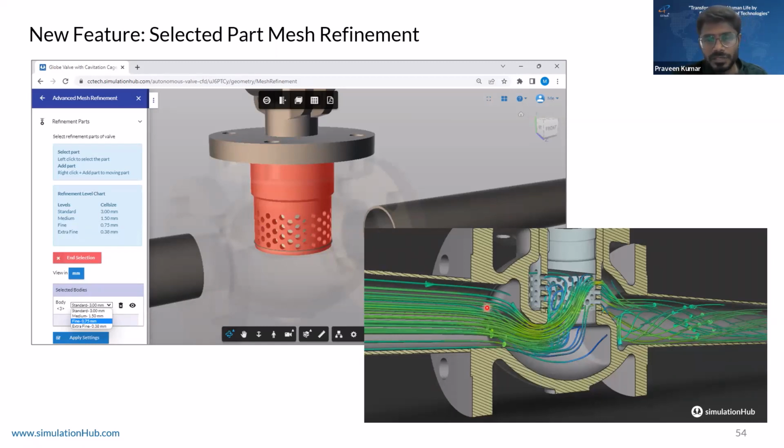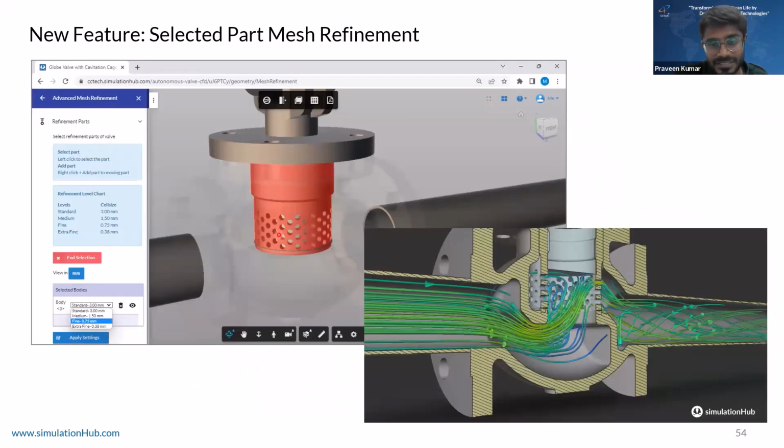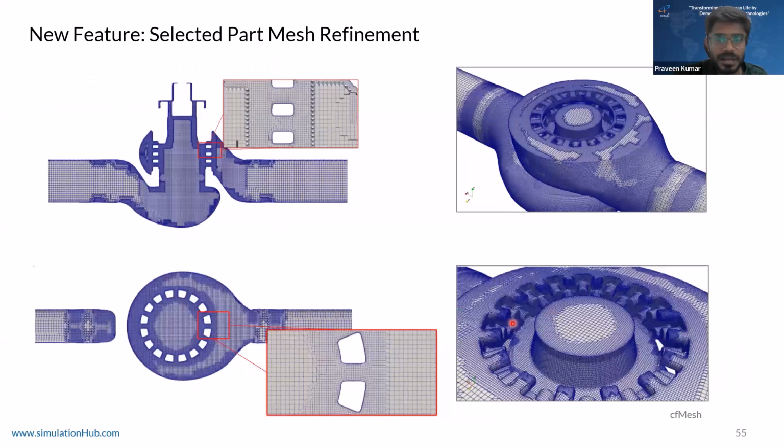With this, such detailed simulations are now possible with AVC. This is what is happening behind the scenes. These mesh refinements enable us to capture the trim gaps and holes clearly.